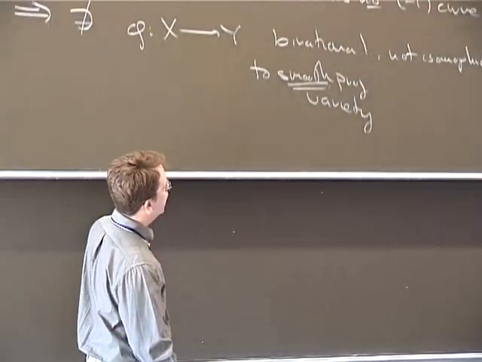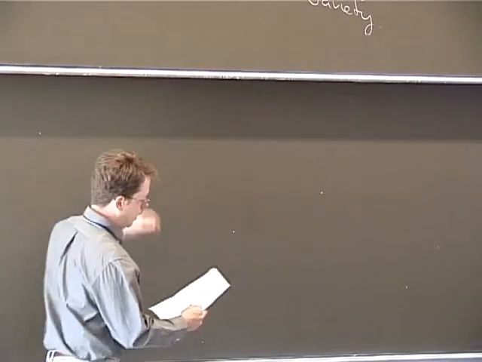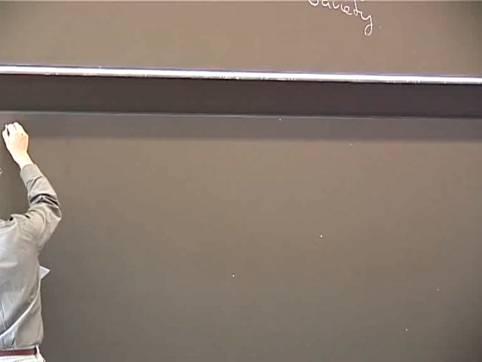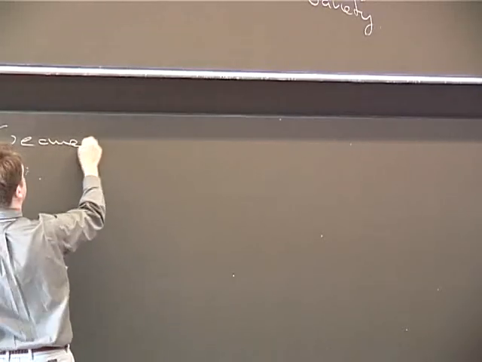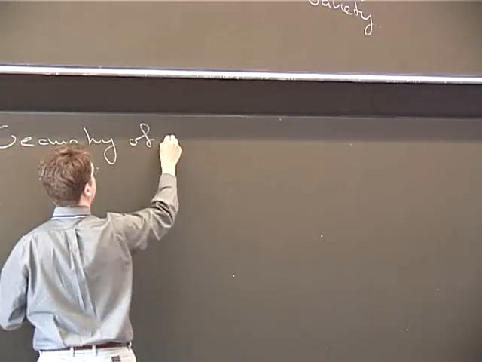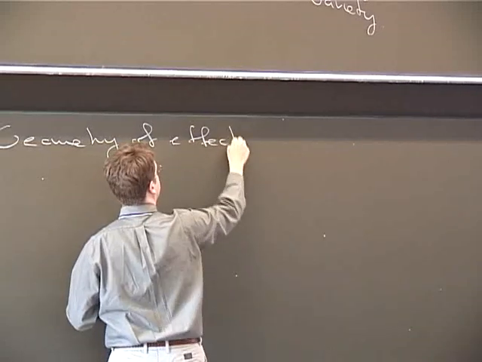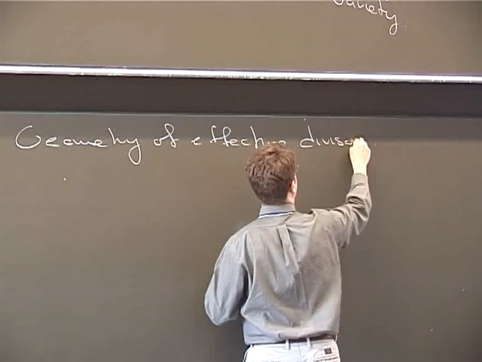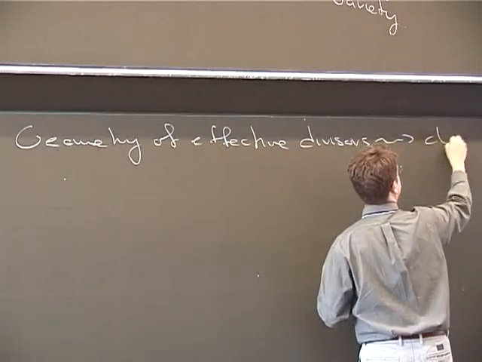So, what I'd like to turn to now is the geometry of effective divisors, and how this leads to classification results.